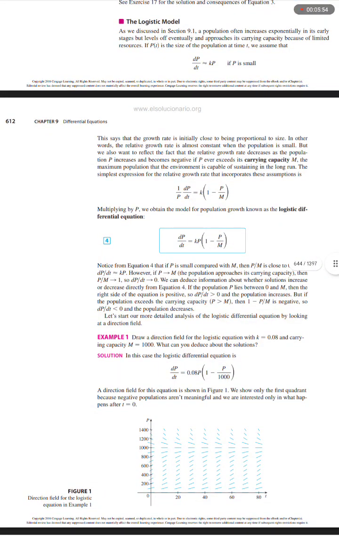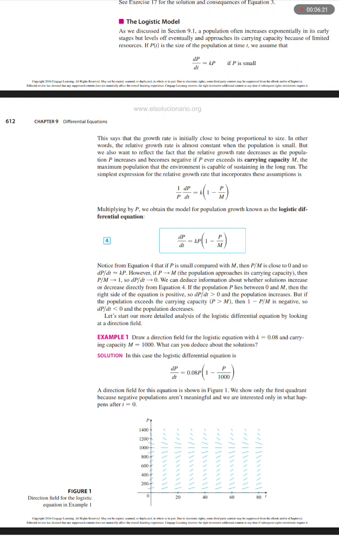The logistic model. As we discussed in section 9.1, a population often increases exponentially in its early stages, but levels off eventually as it approaches its carrying capacity because of limited resources. P of t is the size of the population at time t.